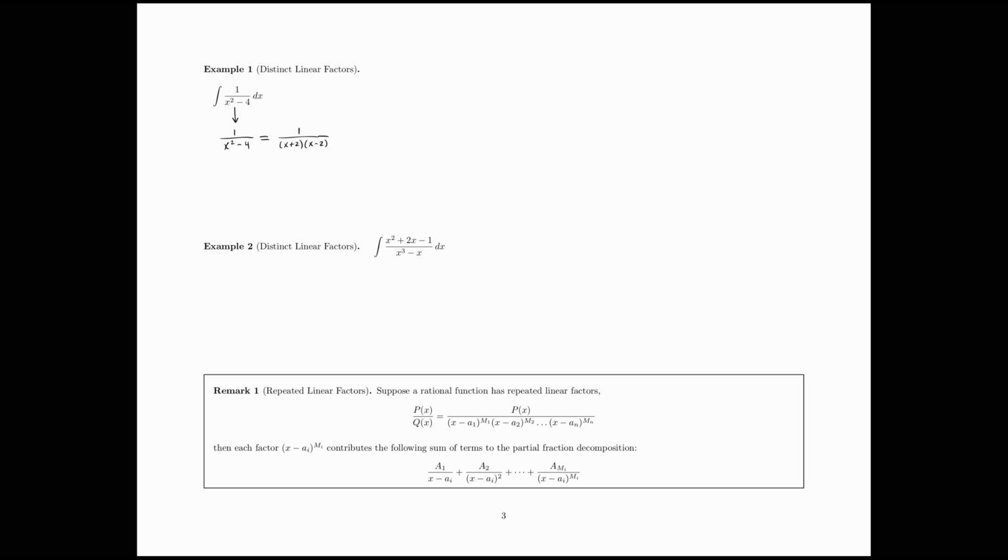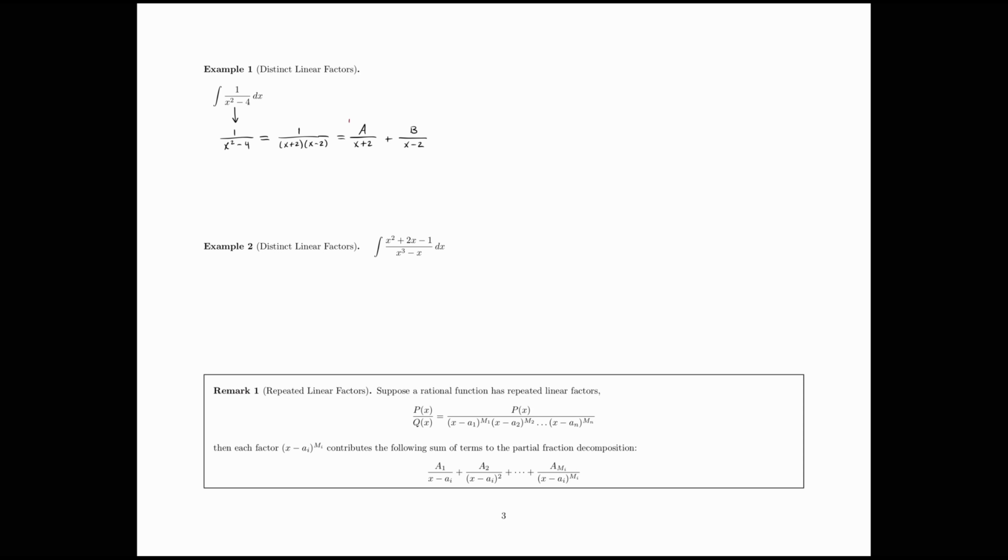So for distinct linear factors, for each distinct linear factor, you will create a term of the form an unknown, yet to be determined, constant A over the one factor plus a constant B over the other factor.